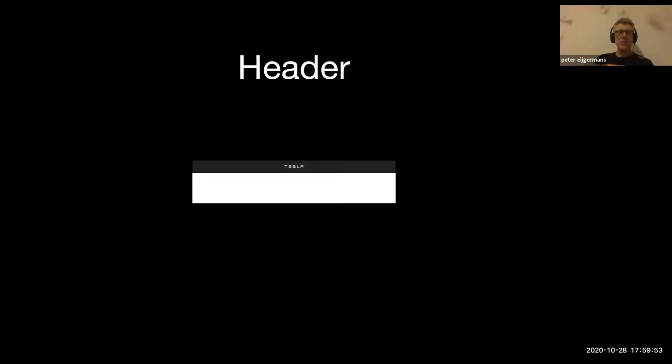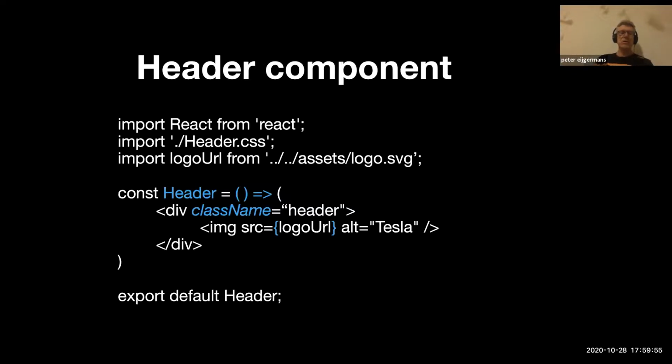Now, what does the Header look like in code? It looks like this. It's not a normal component, it's a functional component. So let's start with the imports. I import React here, and also the CSS and the logo, and I define my Header component with an arrow function.